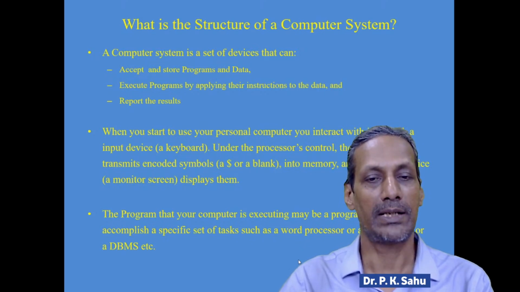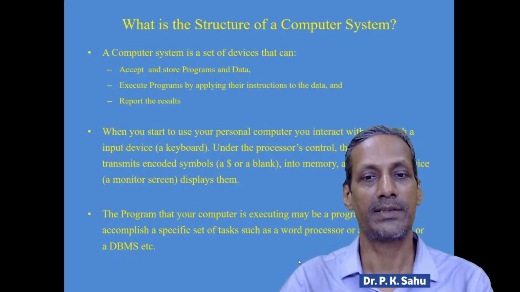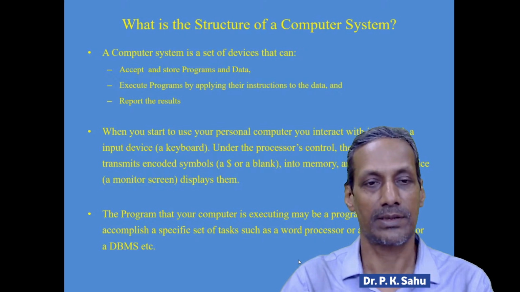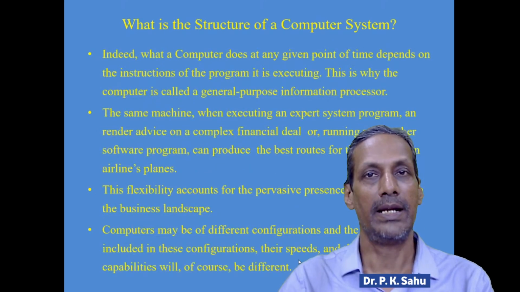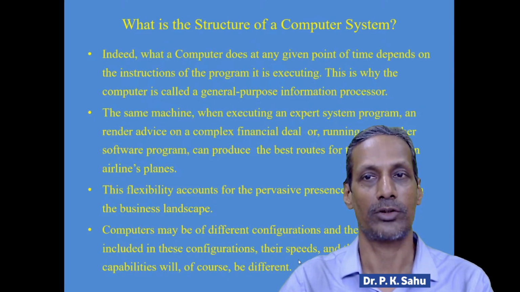The program that our computer is executing may be a program that tries to accomplish a specific set of tasks, such as a word processor or a spreadsheet or a database management system. Indeed, what a computer does at any given point of time depends on the instructions of the program it is executing. This is why the computer is called a general purpose information processor.